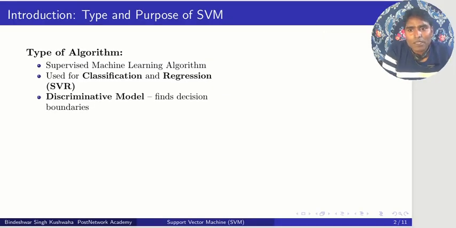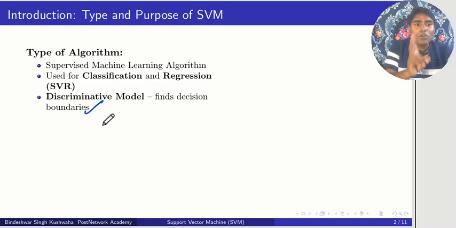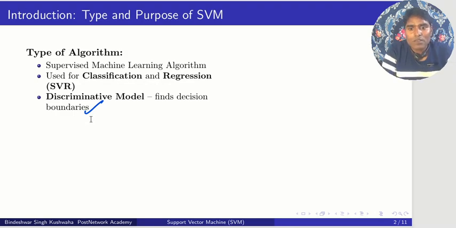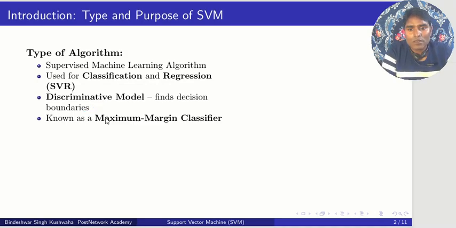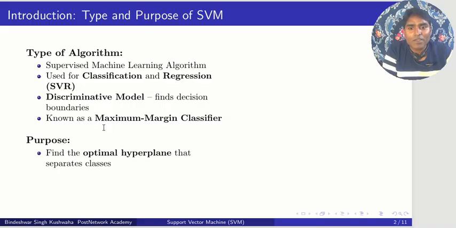That means it finds boundaries between two classes. And it is also known as maximum margin classifier. We will see why it is called maximum margin classifier.